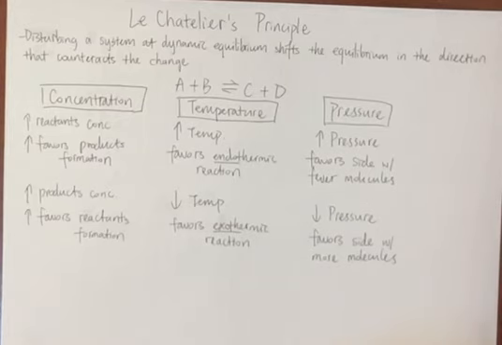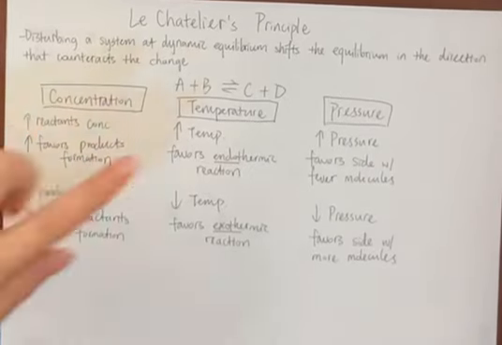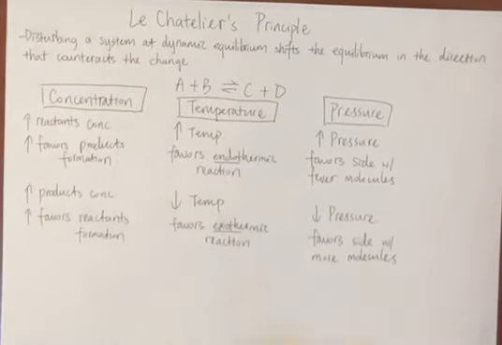Just think about if you increase A's concentration, in order to counteract this effect, the whole system will decrease the reactant's concentration, which means it will decrease the concentration of A. So if you decrease the concentration of reactants, the product's concentration must be increased, because remember the concentration of reactants and products are always inversely related. So that means the whole system will shift forward, so shift to the right. So that means that it will favor the products formation, okay?